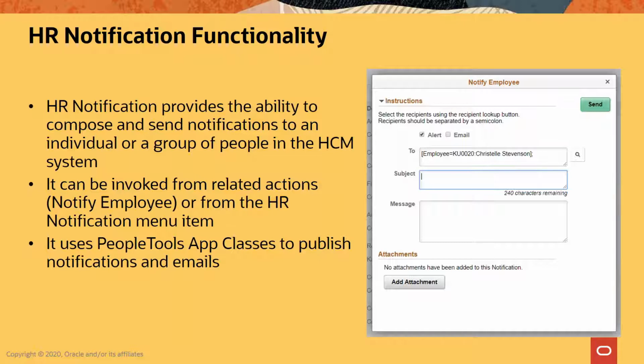It can be invoked from related actions, where you see notify employee in the drop-down of related actions, or from the HR notification menu item. It can also be invoked from the notify button, but that, as I'll explain later, would mean a slight change in PeopleTools.